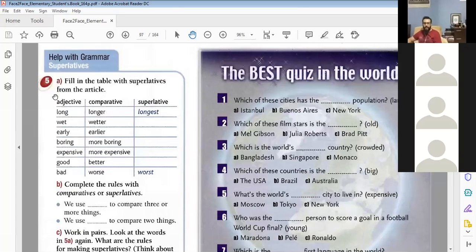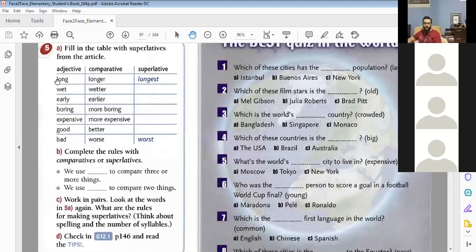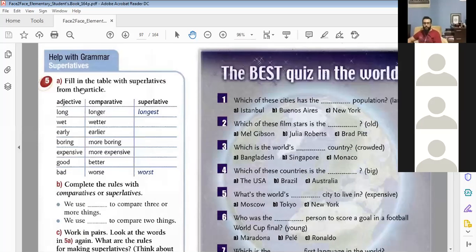All right, so now I want you to complete this table and you can go to the article if you're not sure, okay? So here, fill in the tables with the superlatives from the article. So we say long, longer, and we say longest. We say wet, wetter, wettest. We say early, earlier, earliest.